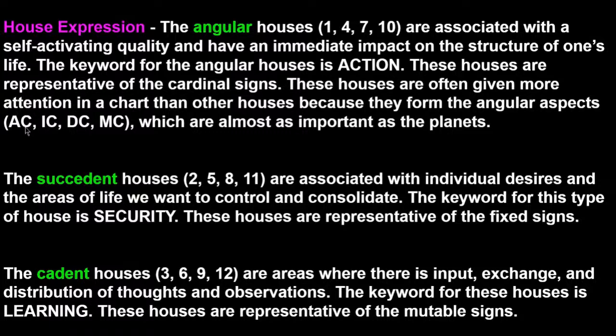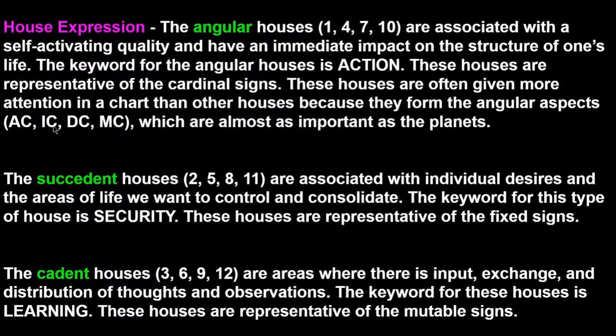The AC, which is the ascendant. These are abbreviations, acronyms. The ascendant, the Imum Coeli, the descendant, and the Midheaven. These respectively, we're looking at the 1, 4, 7, and 10 houses on the top line. These are respectively those houses down here. The ascendant is the first house, the AC.